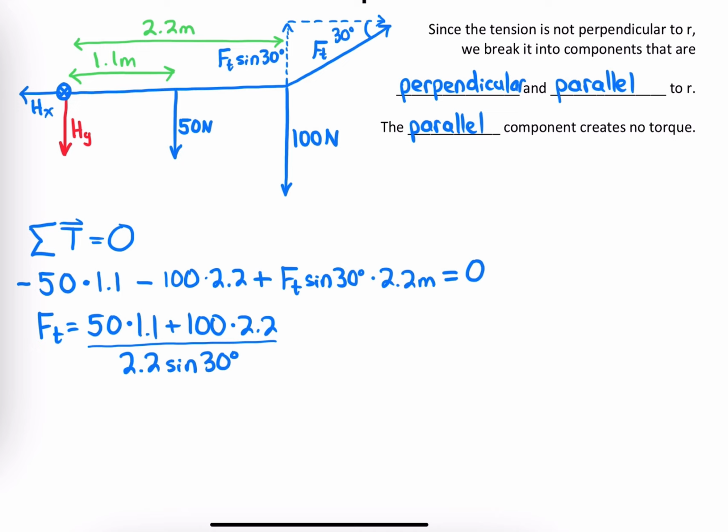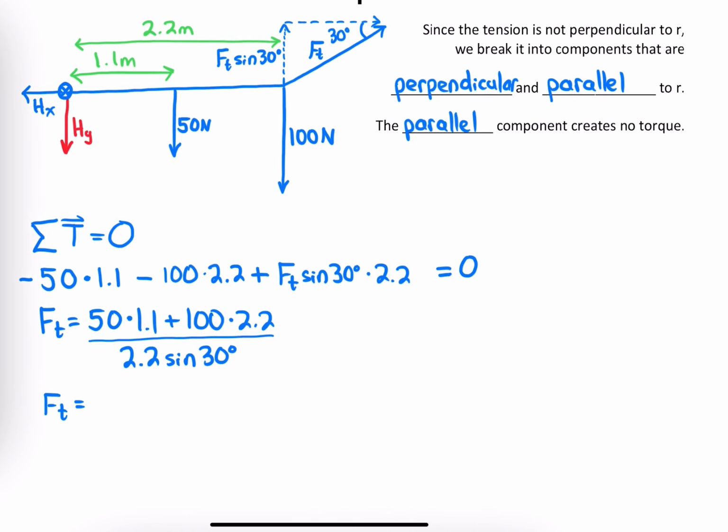What I've done there is I originally kept this stuff on this side of the equal sign, and I moved these two terms to the other side. And then after I did that, to get Ft all by itself, I divided both sides by sine 30 and by 2.2. And I don't know why I threw that m in here for meters, I don't normally put units in formulas. Okay, so if we solve this, we should get that Ft equals exactly 250 newtons.